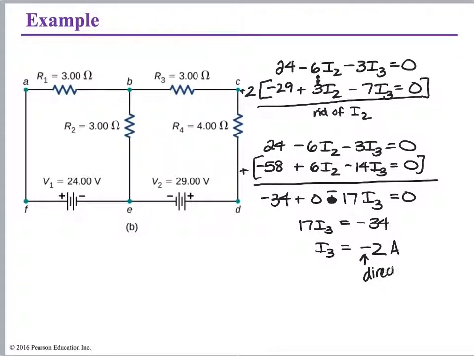So the negative sign just means that the direction I chose was wrong. And that's all that it means. It's still the amount of current that's in that branch.